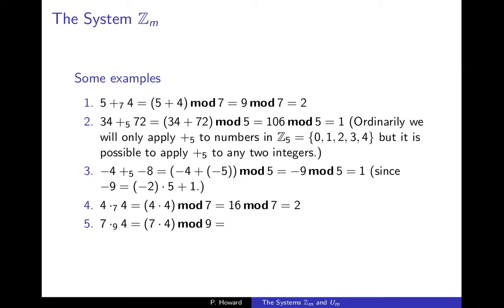Same kind of calculation. That is 7 times 4 mod 9, or 28 mod 9. And the remainder when you divide 28 by 9 is 1.